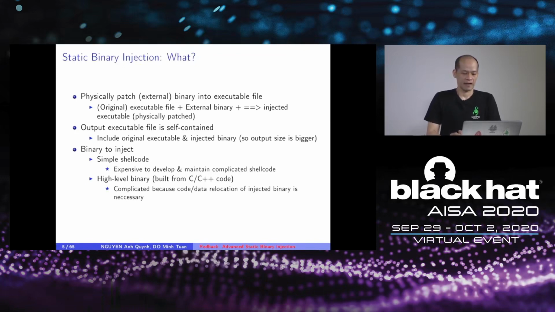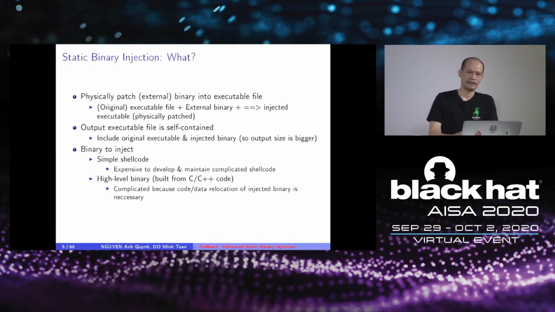The second type of binary to inject is totally different. We call that high-level binary. We have some source code written in a high-level language like C or C++, and we build it, and as the output we have a high-level binary. Static binary injection can inject this kind of high-level binary into the executable file.